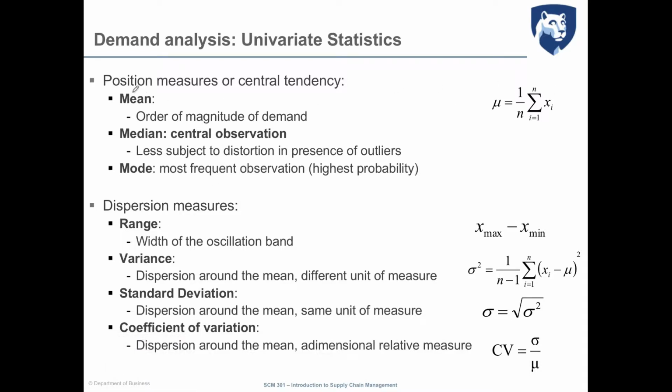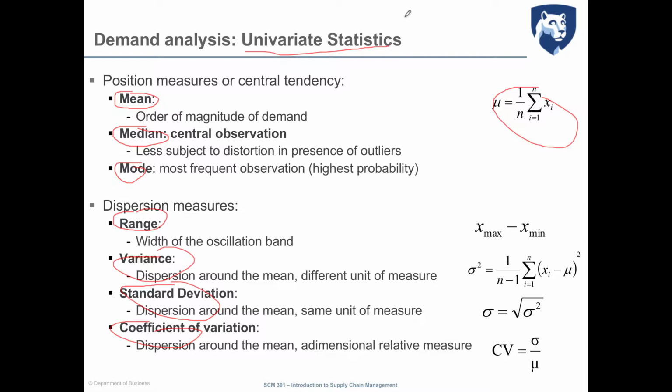In particular, we have seen the mean, the order of magnitude of the demand, so the average value of the demand; the median, the value of the central observation; the mode, the most frequent observation; and dispersion measures, like the range, maximum less minimum; the variance, the spread of the values, considering that larger differences have a higher impact because they are squared; the standard deviation, the dispersion around the mean; and the coefficient of variation, the ratio between the standard deviation and the average value. This is called univariate statistics.